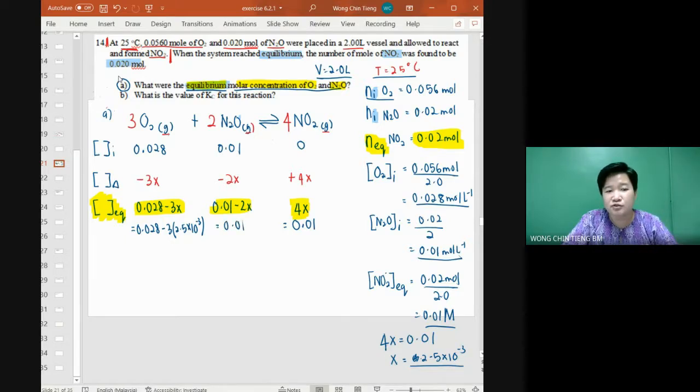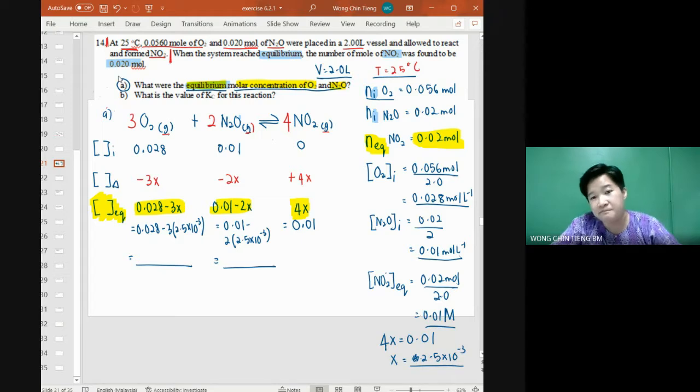So you will calculate straight away in here. You substitute your x into here, you press your calculator straight away, you will then get the concentration at equilibrium for your oxygen, for your N2O. Easy. Okay, in subjective I even force you to do it this way. Why write so many times? Since you already made the ice table, all nicely by column, use the column.